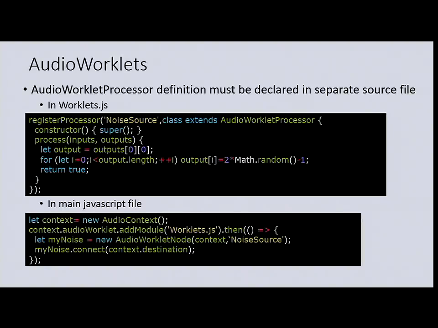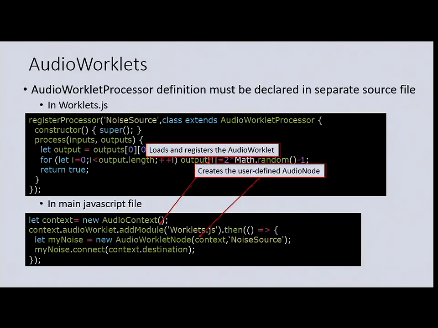So here we simply add the worklets file as a module, create a new source based on a definition for the noise worklet, and we connect that noise to the destination. When you create your own audio worklet, you don't need to start it, it starts automatically. So add module loads the audio worklet, and then we just create the user-defined audio node.